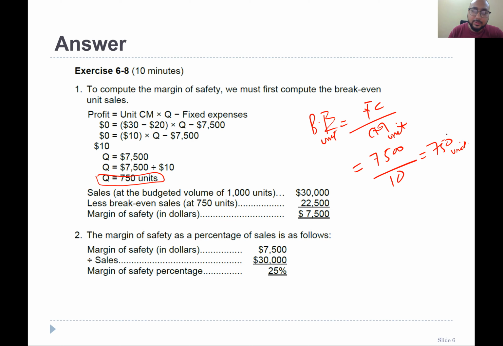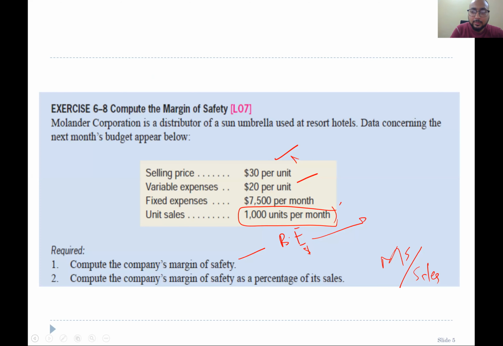So sales right now is 1,000. You see here? 1,000. So how much is the margin of safety? 1,000 minus 750. We are 250 units above.